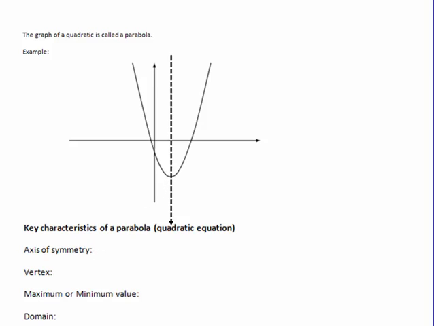So the axis of symmetry is a vertical line. And remember, vertical lines are in the form of x equals some number.